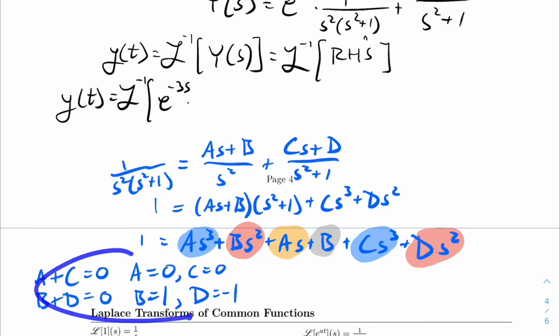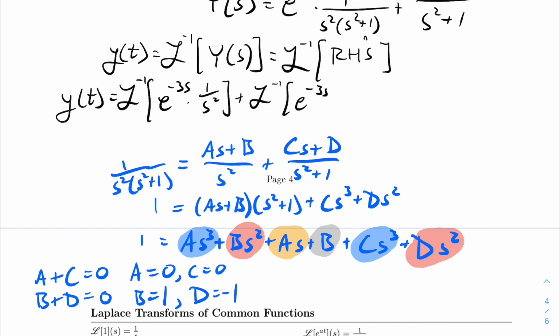All right, so now let's take this partial fraction decomposition and throw it up here. a and c are both 0, so those just go away. So we get b over s squared plus d over s squared plus 1. So b is 1, so we just get 1 over s squared plus L inverse of e to the -3s times d is -1 over s squared plus 1.